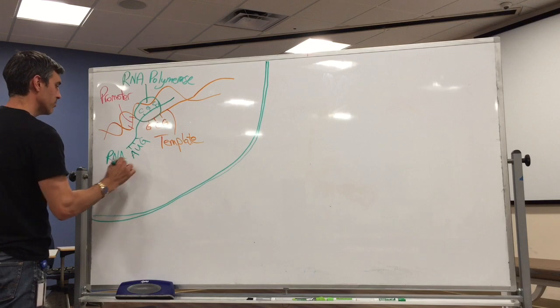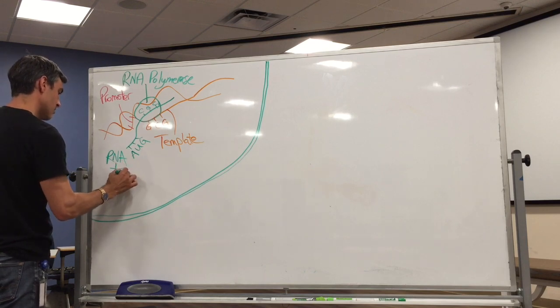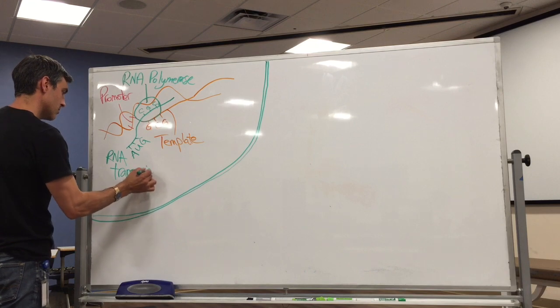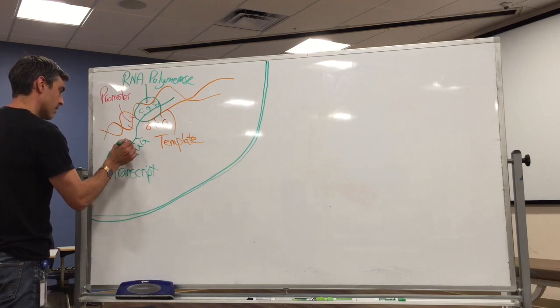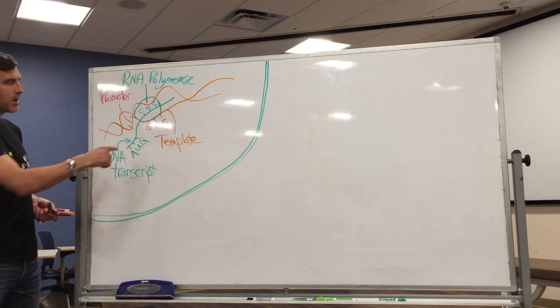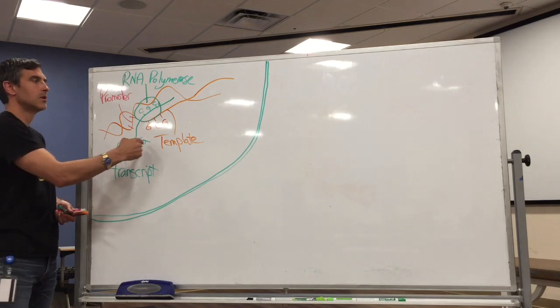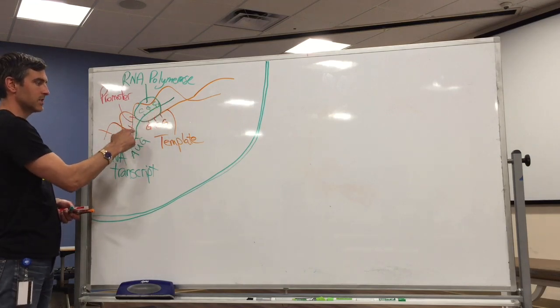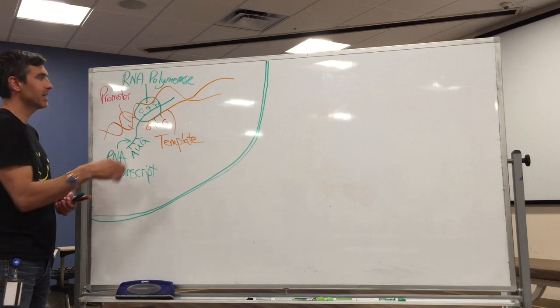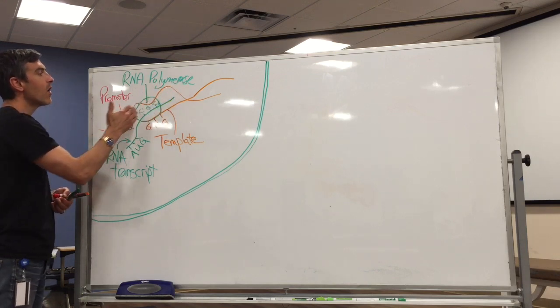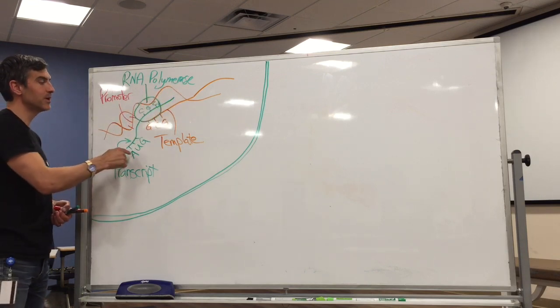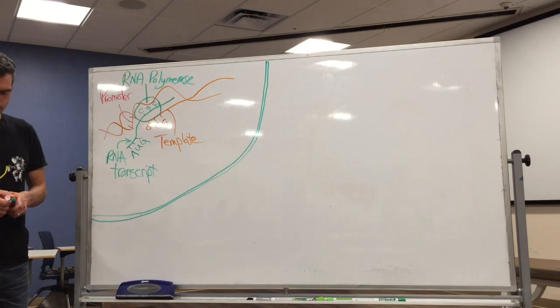Where is this all taking place? Inside the nucleus. So this is your RNA transcript. This part has already been built. So it's going in this direction. What is the part of the DNA called in which you're building your transcript from?